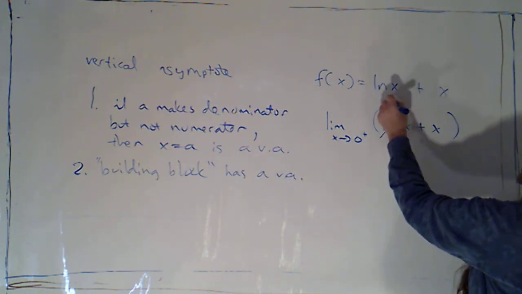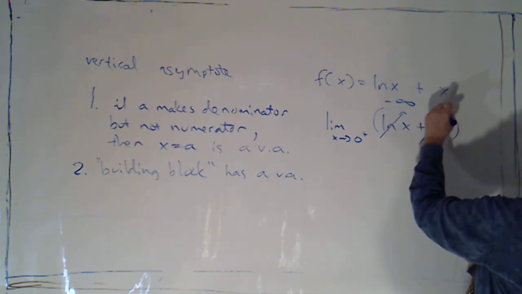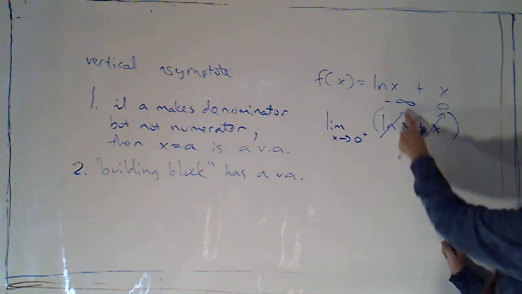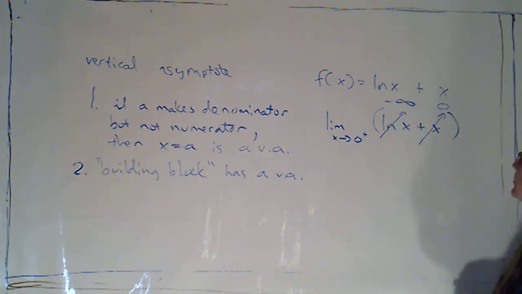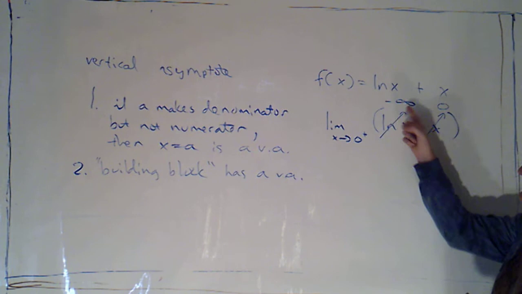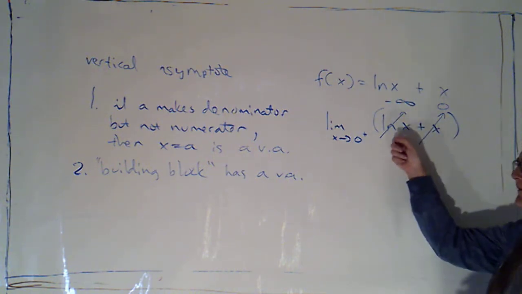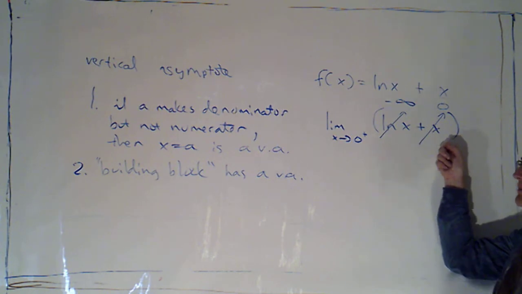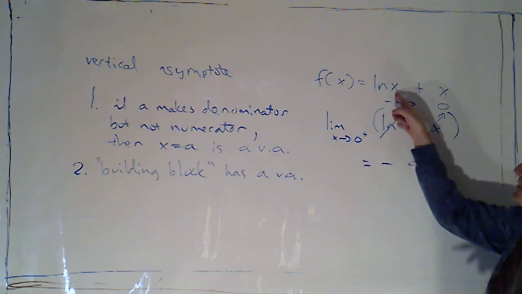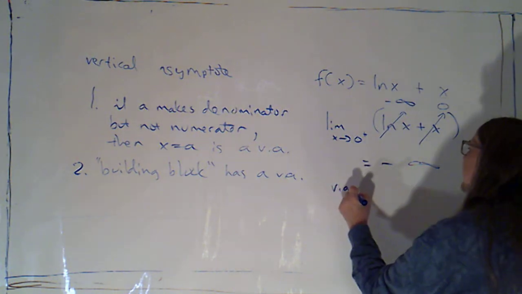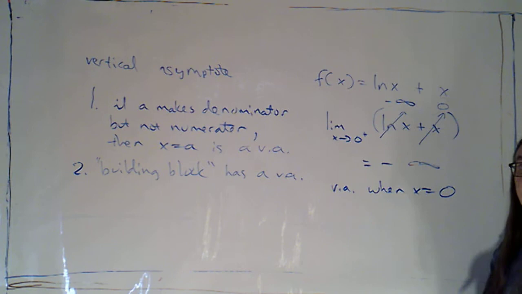This piece would be going to negative infinity. This piece would be going to 0. Now, I can't literally do that arithmetic because arithmetic is a property of numbers and infinity is not a number. But I can use some common sense and say, hey, if I've got something big and negative and I add something really small to it, I've still got something big and negative. So this function would have a vertical asymptote when x is equal to 0.